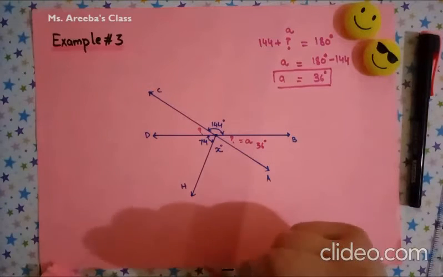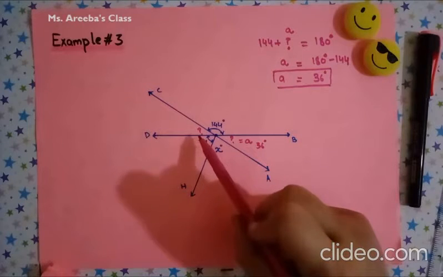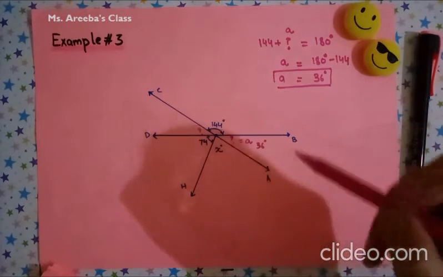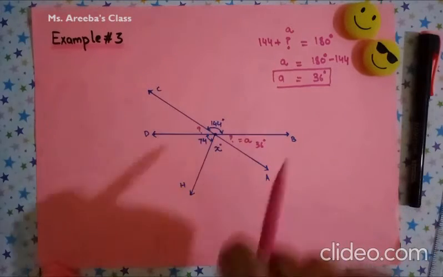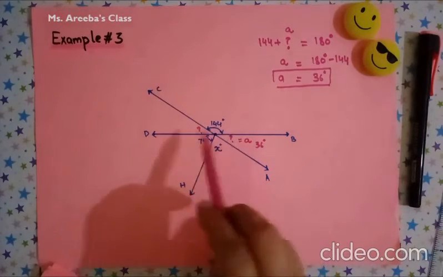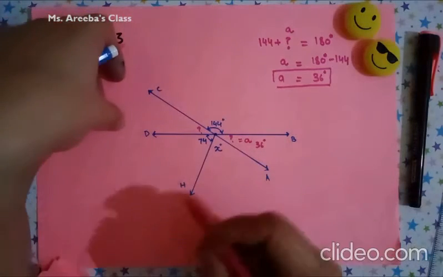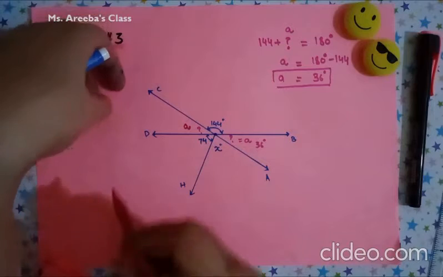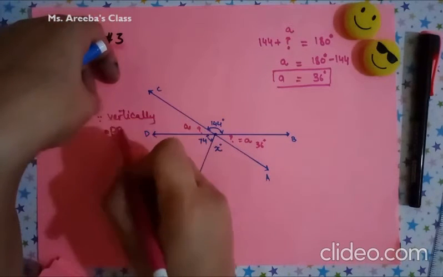Second, if this A is 36, this unknown angle will also be 36. As you can see, AC and BD are straight lines crossing each other, so these are vertically opposite angles. I can say that this is also A because they are vertically opposite.